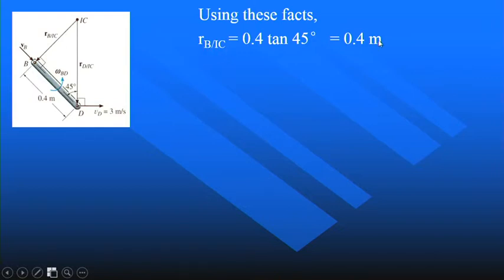The radius RB relative to IC is equal to 0.4 tangent 59 degrees, which is 0.4 meter. And likewise we can determine the position vector RD relative to IC, which is equal to 0.466 meter.